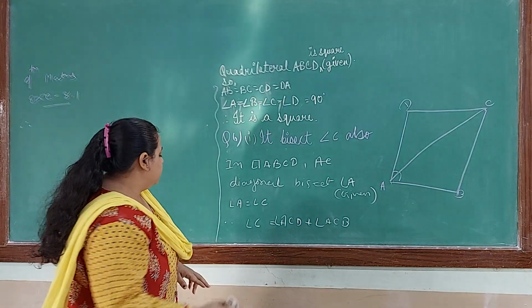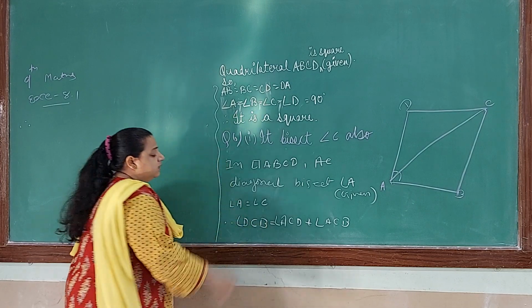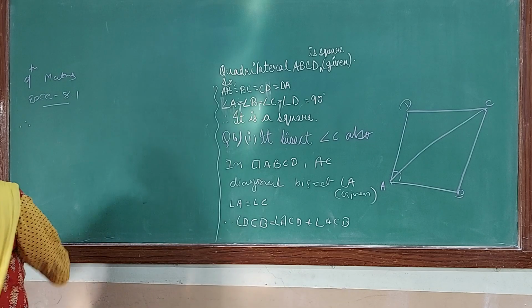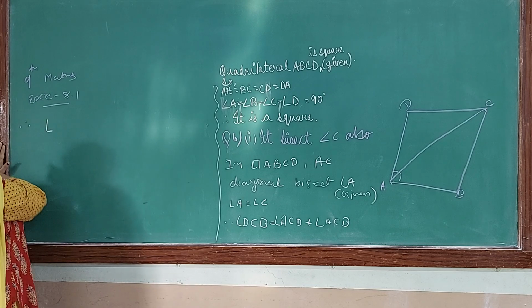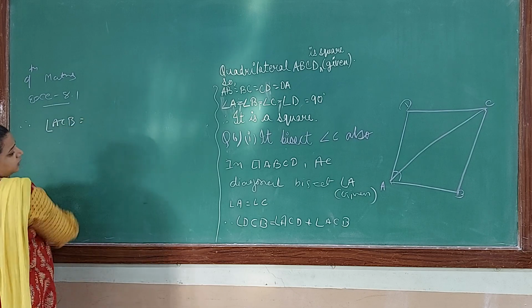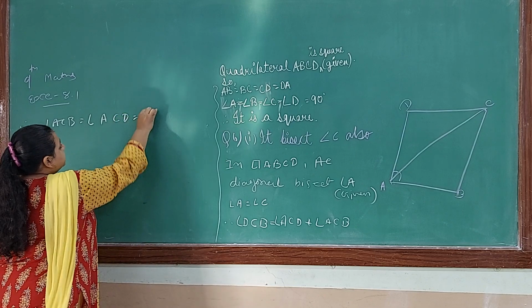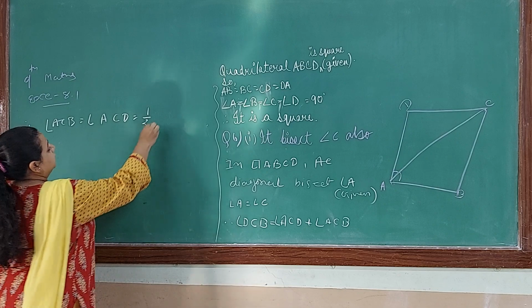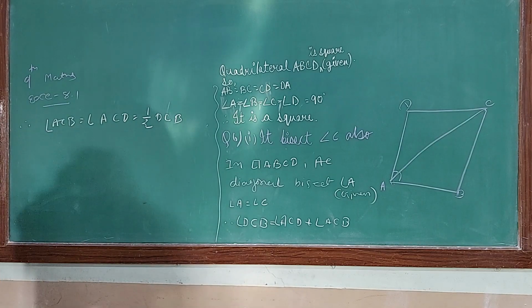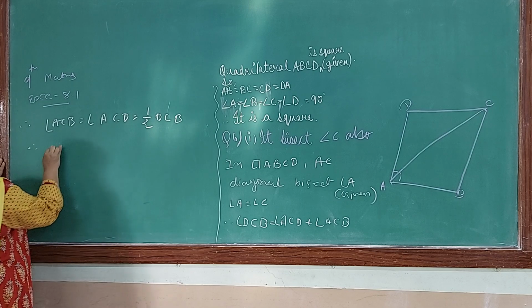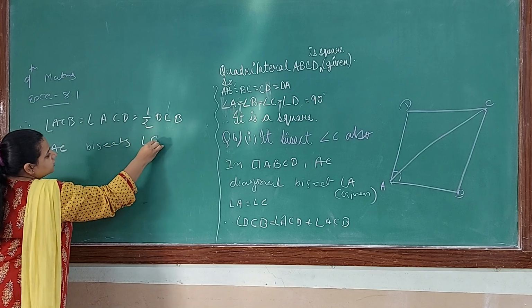Here we can write BCD, it's not only C, so I will write angle BCD. So angle ACB equals 1/2 angle BCD. So AC bisects the angle.